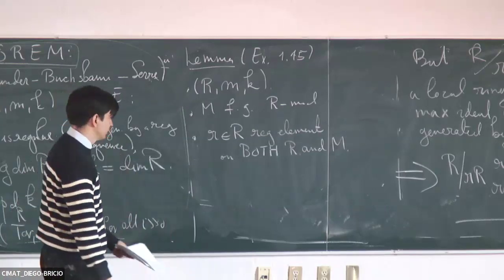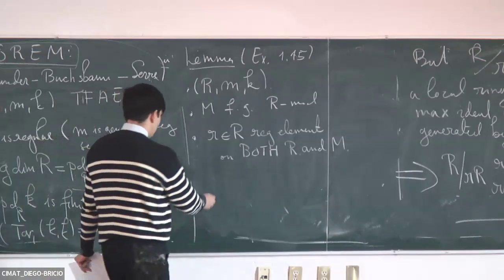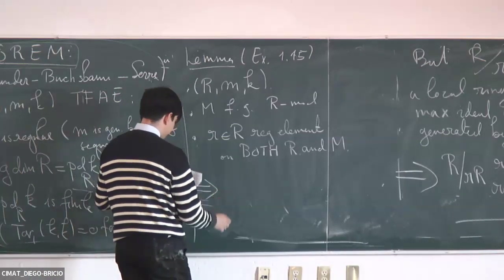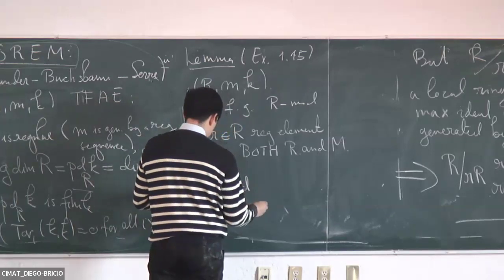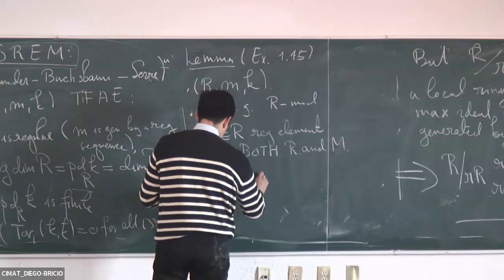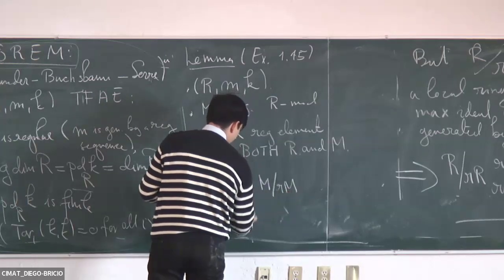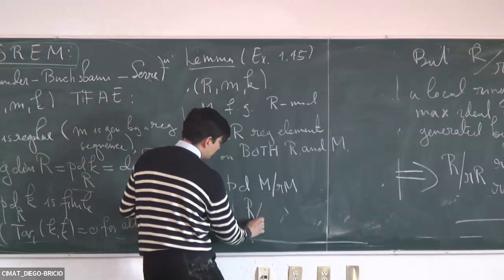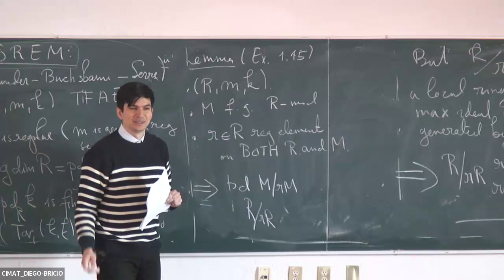Okay? So with that in place, I want you to prove that the projective dimension of M modulo r, notice that this is an R modulo r module, right?